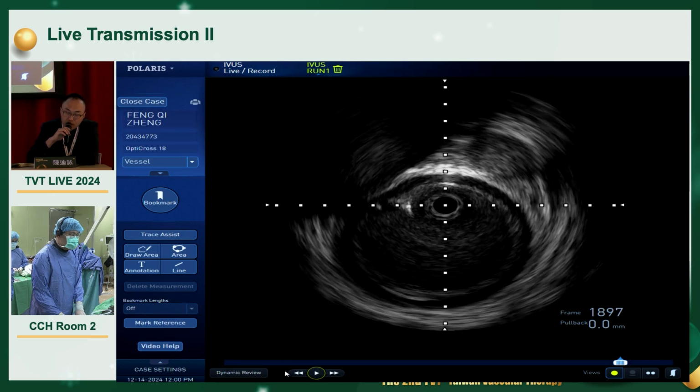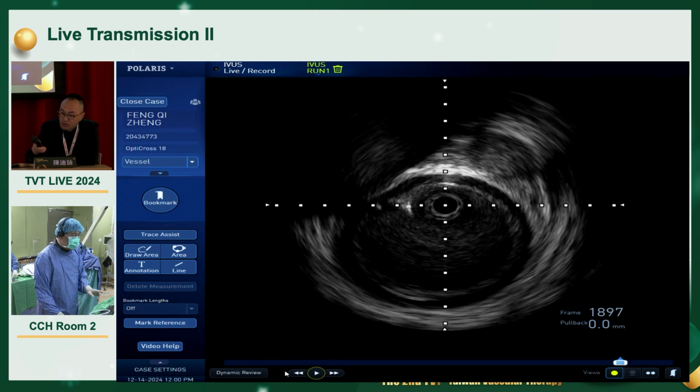So besides POBA or DCB alone, do you recommend any atherectomy or debulking devices for this in-stent restenosis lesion?